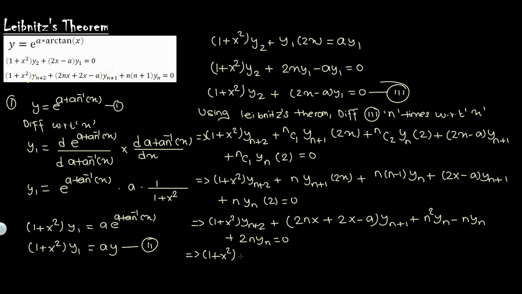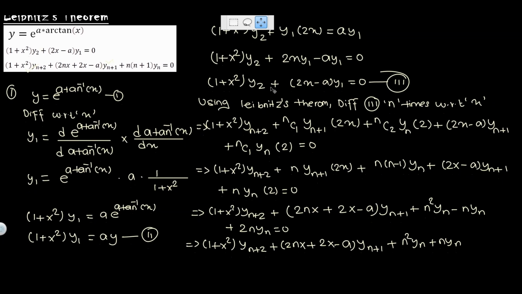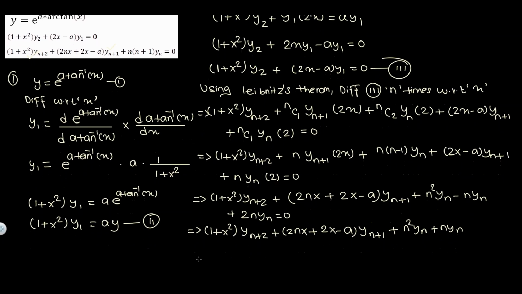So we have 1 plus x square yn plus 2, plus 2nx plus 2x minus a yn plus 1, plus 2nyn minus nyn, which is just nyn. So we are left with plus nyn times n.